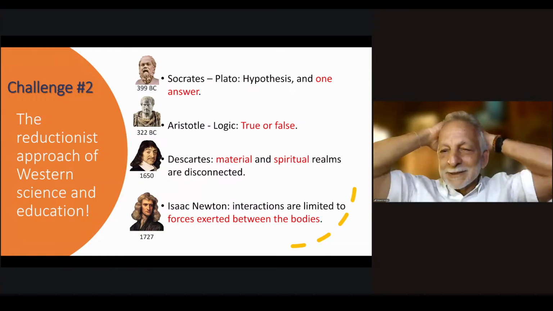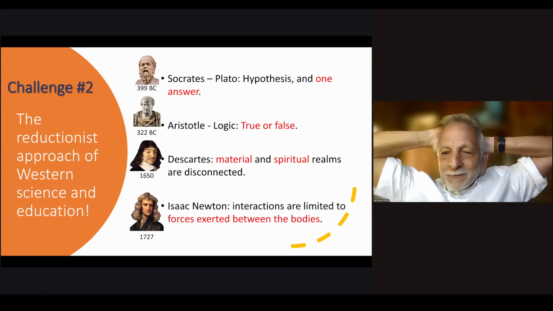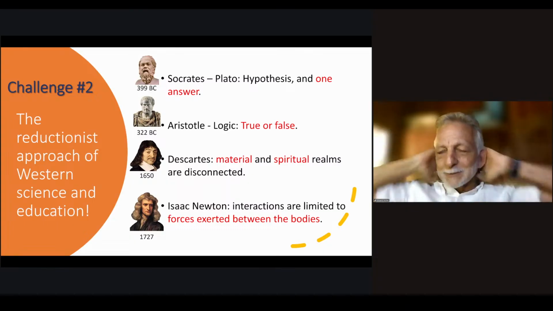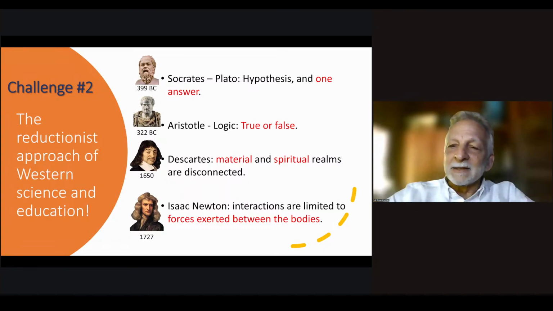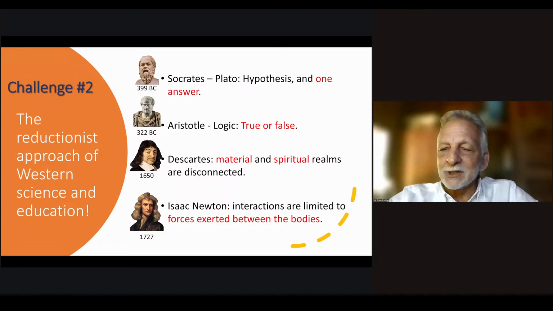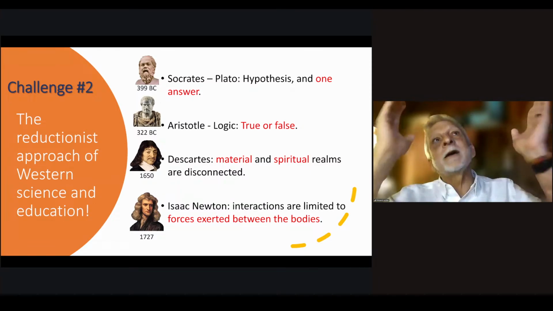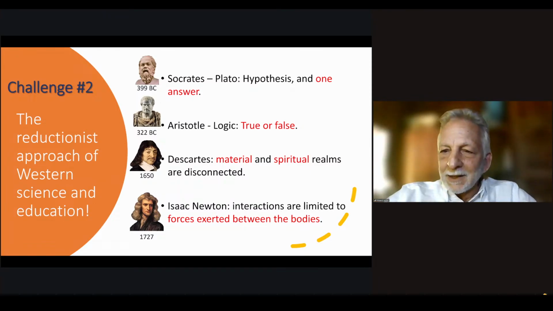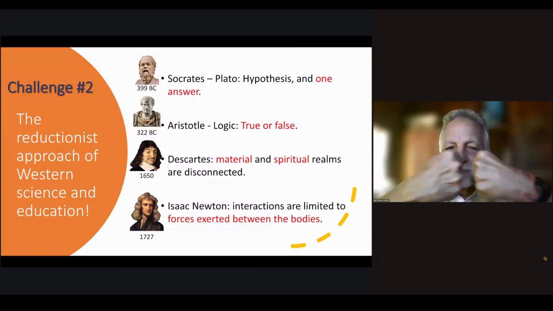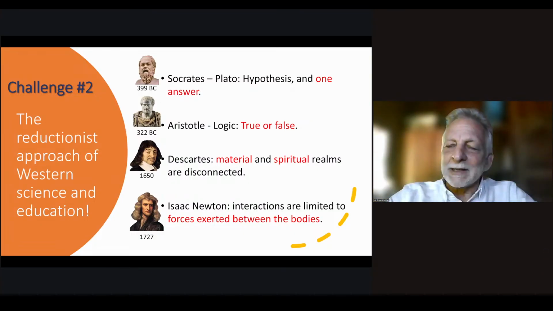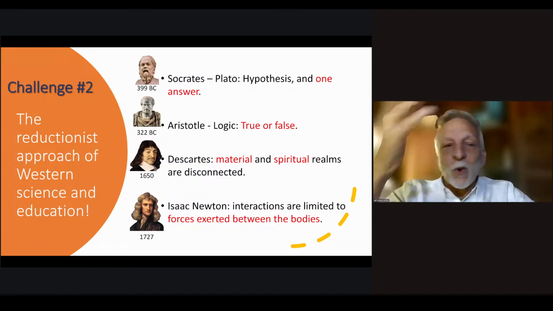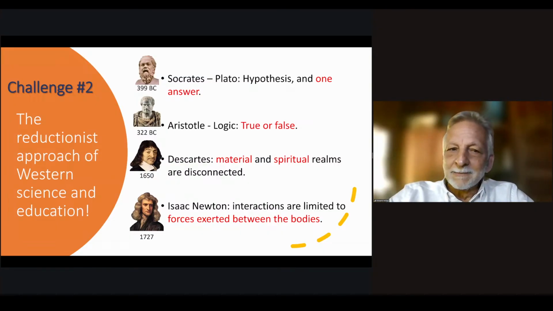And Descartes took the material world apart from the spiritual world. See, it's connected. That made us think that we had the right to dominate nature. And then Newton, wow, the father of modern science: a system works by the forces that components exert against each other. I mean, my God, no wonder we're in this mess.